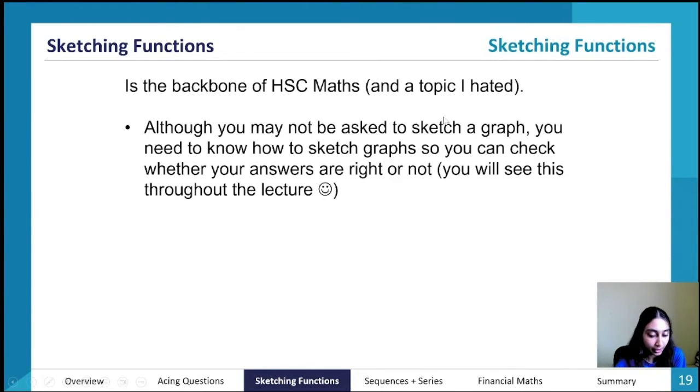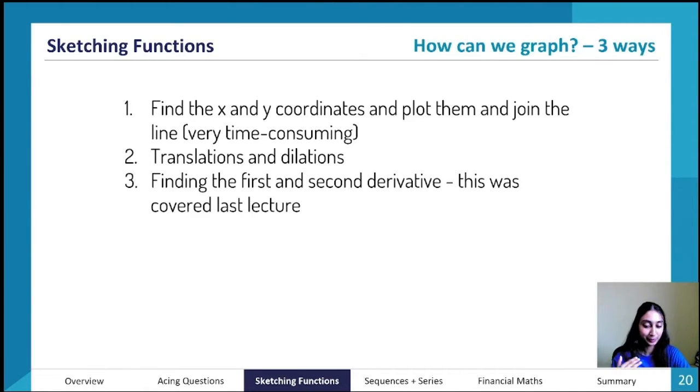You probably will be asked to sketch a graph, but you do need to know how to actually sketch graphs, partially because there's a chance that you will be asked to sketch a graph in the HSC, but also there are a lot of times where sketching the graph is going to get you the correct answer, whether or not you're actually marked for sketching it, which might not make sense yet, but we'll get a few questions in a few slides that will get you there.